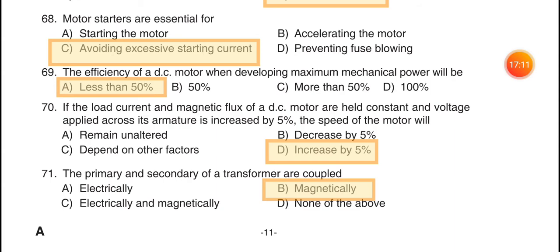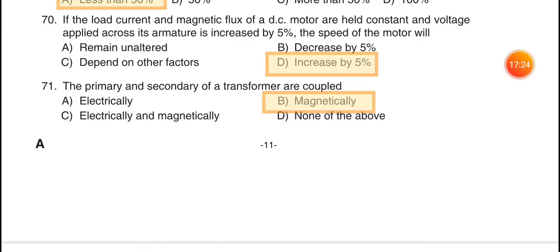The efficiency of a DC motor when developing maximum mechanical power will be option A, less than 50%. 70. If the load current and magnetic flux of a DC motor are held constant and voltage applied across its armature is increased by 5%, the speed of the motor will option D, increases by 5%.